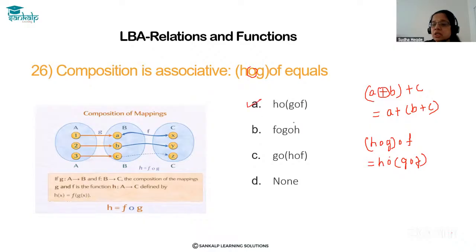You can't shuffle the order, but you can group it in a different way. So the others are not correct. The answer is H composition, G composition, F.